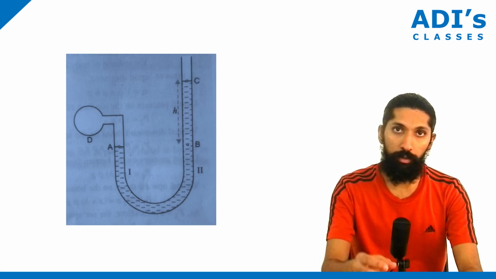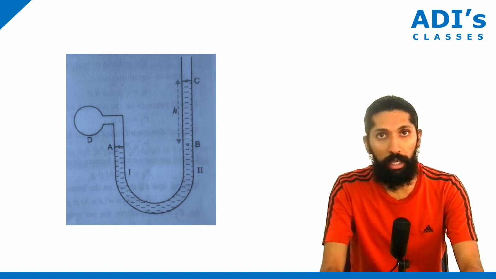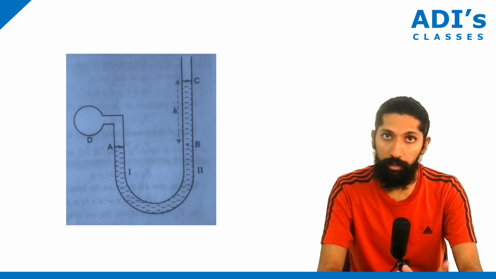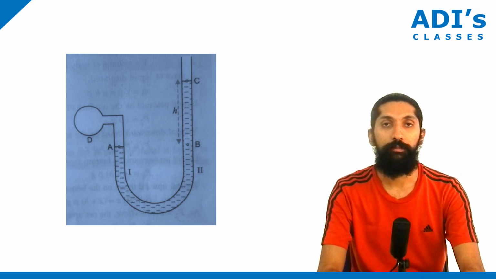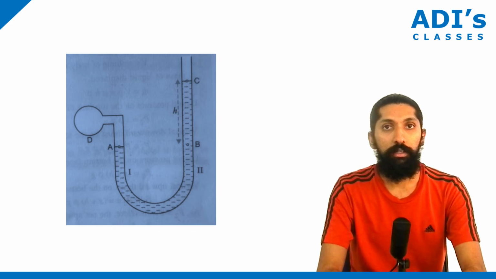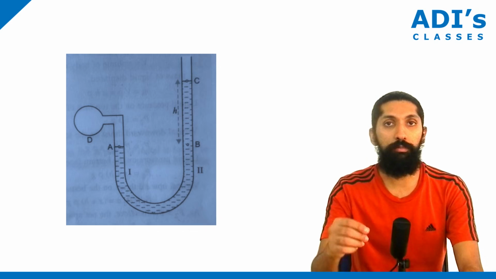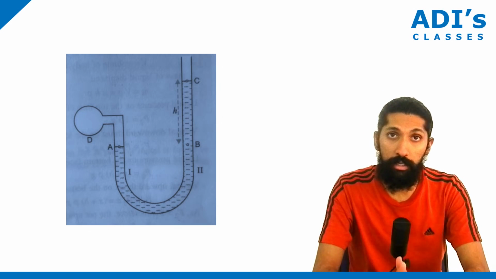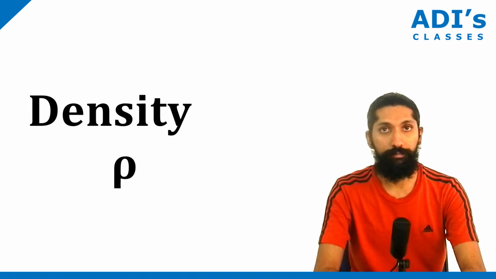Because as you start pouring the liquid, there's going to be air on that part of the U-shaped tube. Now say you start to pour liquid, and the liquid has a density of rho.